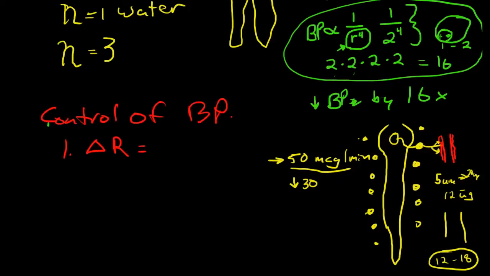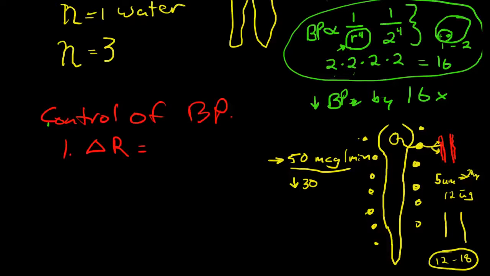In fact, if you do the math, 1.5 to the fourth power comes out to be about a factor of 5. So just a simple 50% increase in vessel size is going to decrease blood pressure by a factor of 5. You can see the vessel needs to constrict or dilate a very small percentage to have dramatic effects on blood pressure.